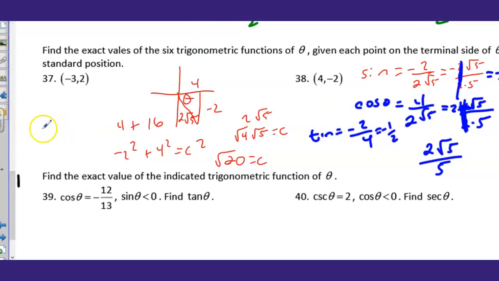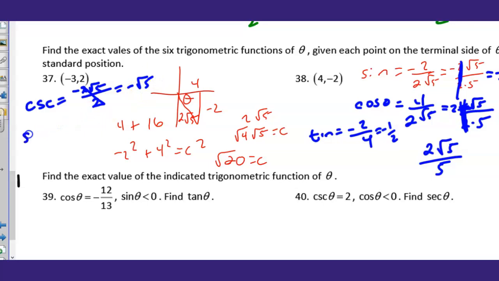Now we have to do cosecant, which is the inverse of sine, so I'm going to flip this one. Negative 2 radical 5 over 2, which cancels out, so it's negative radical 5.